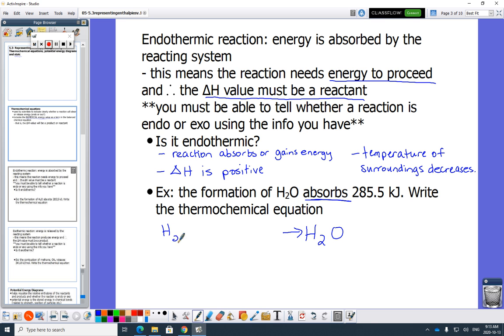Hydrogen and oxygen. And then you would balance it. So that is what you would have done before. When you're asked for a thermochemical equation, then you have to include the energy.